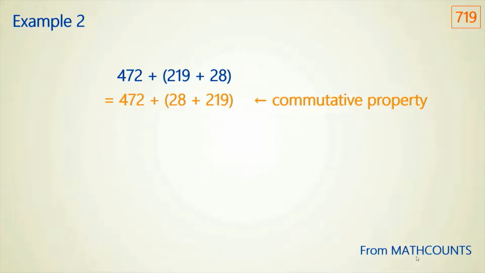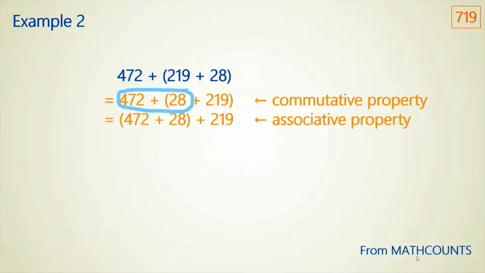Next, we're going to use associative properties to group 472 and 28 together. So it becomes parentheses 472 plus 28 parentheses plus 219. Now 472 plus 28 is 500, and then plus 219, which gives 719.